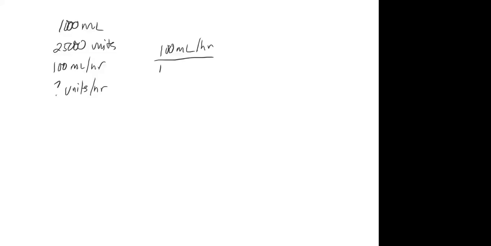Divide it now by the 1,000 milliliters, and then multiply it by the units, 25,000 units. Okay, now when you do this, again, I feel like the way I just wrote it seems a little disingenuous to you, because you may not know how to manipulate your questions to get it into this orientation.